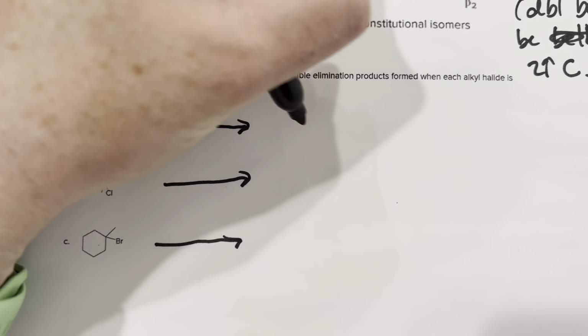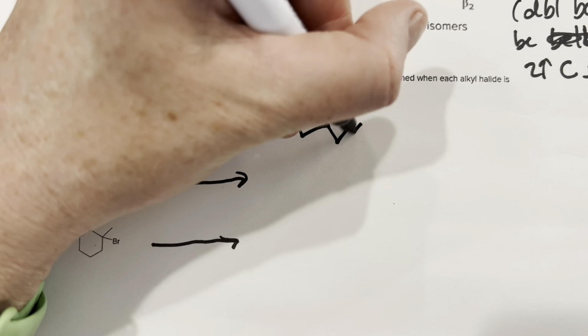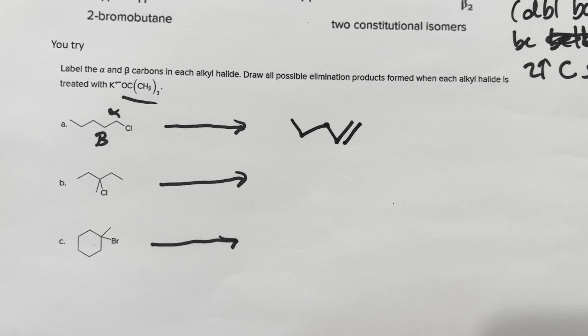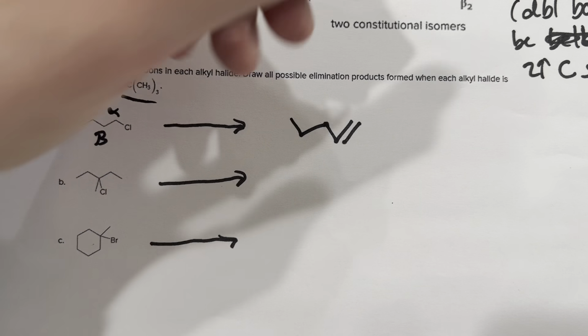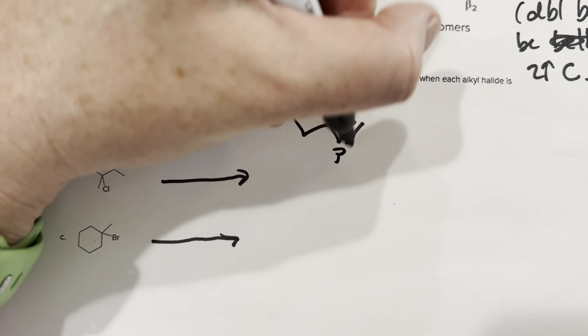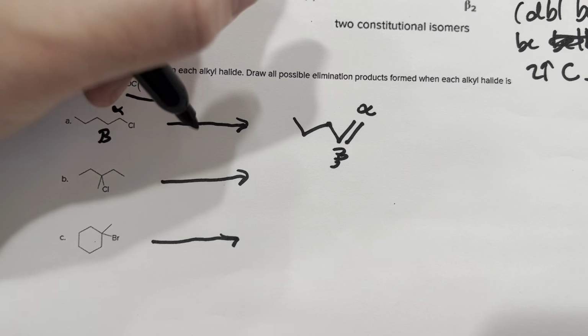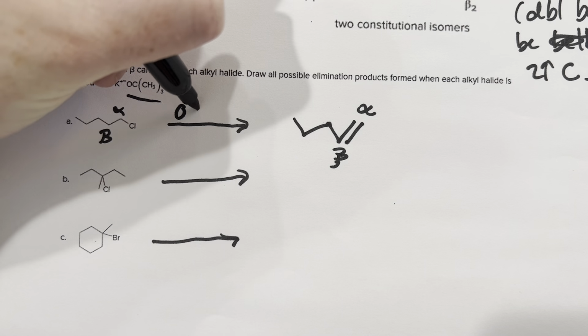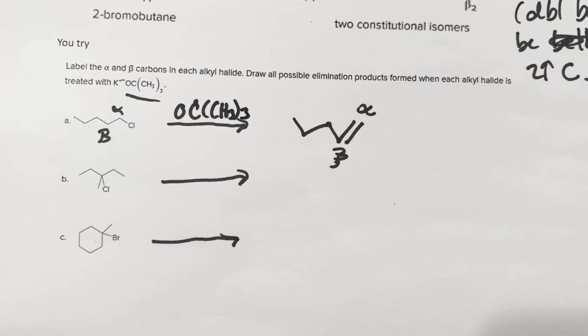So when I go to draw it, it's going to be there, if that makes sense. So between the alpha and the beta, this is still the beta carbon. That's still the alpha carbon, and it went between those 2 things. And again, I'm reacting with the OCH3, the tert butoxide thing there.